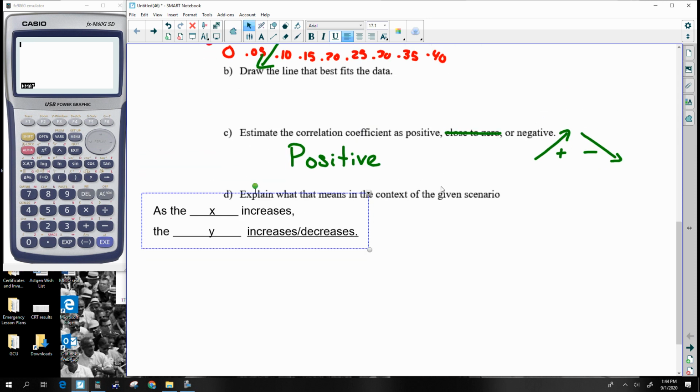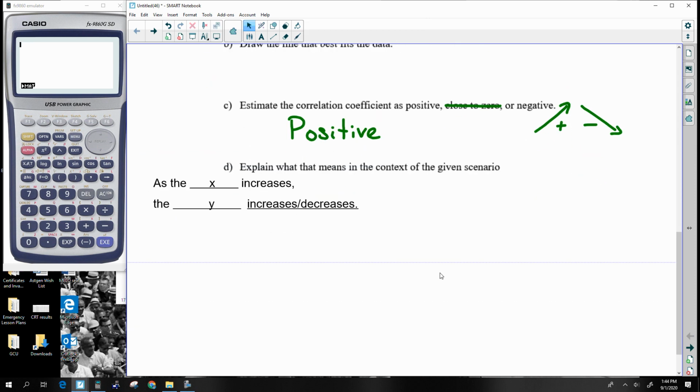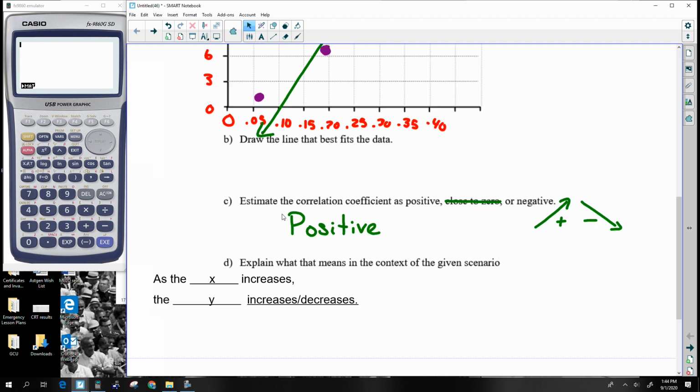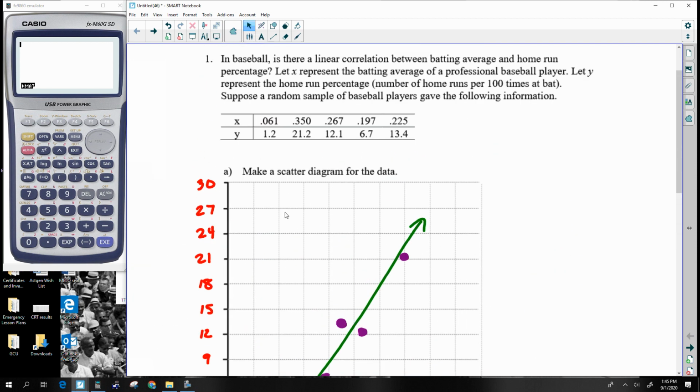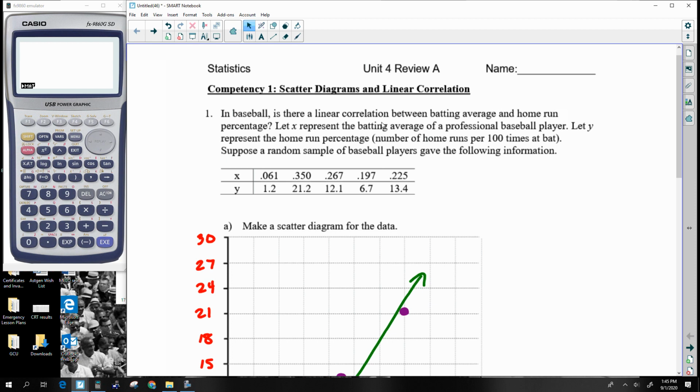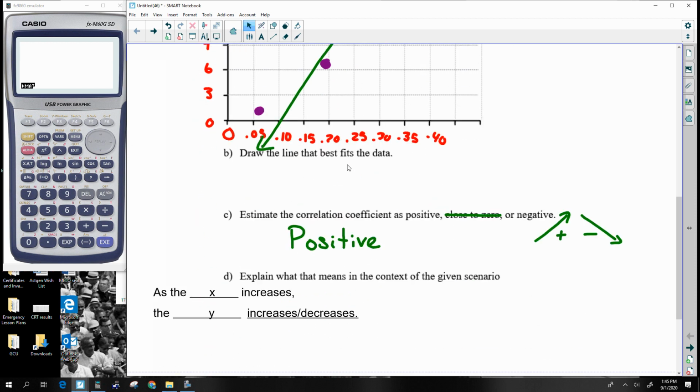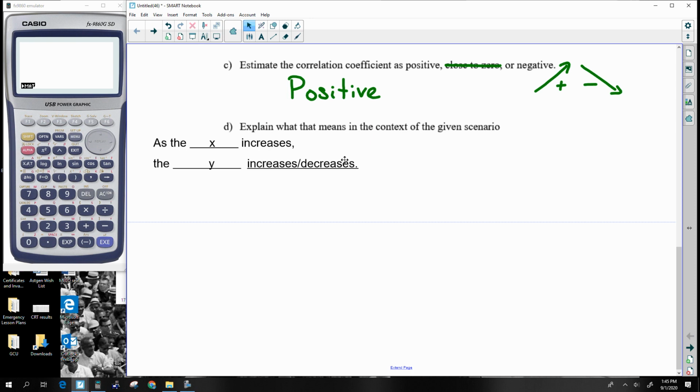All right, so what we need to do is talk about the context of the scenario. That is, identify with words what x and y are. So going back to the top, I see the x represents the batting average and the y represents the home run percentage. Okay, so that gets me really going.